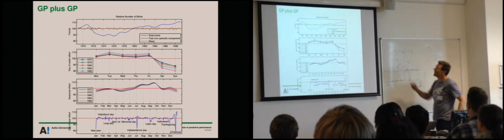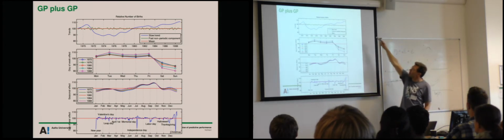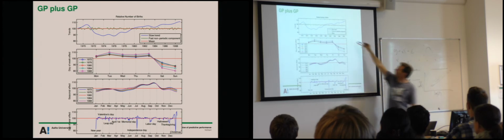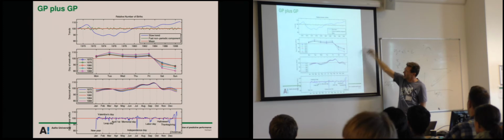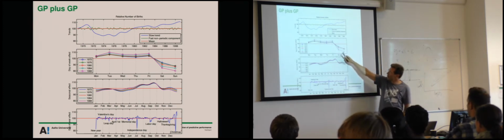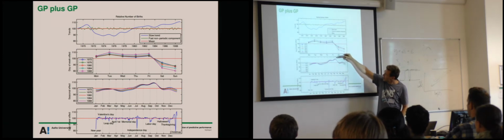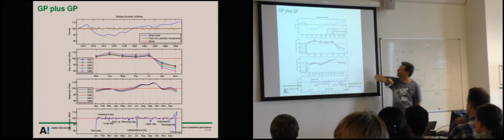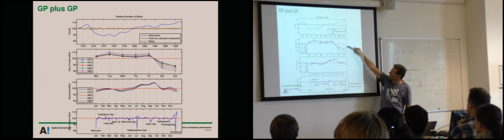In the top one, the blue one, there's a slow trend, and these are years here. There's a yearly seasonal effect, so there are more births in autumn. This is a weekly effect.